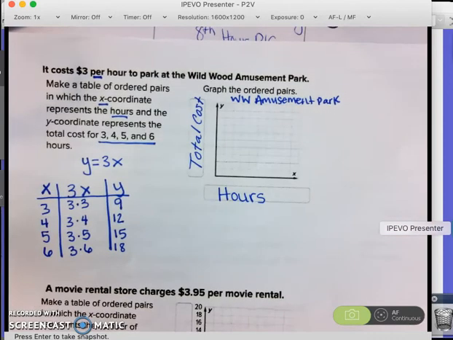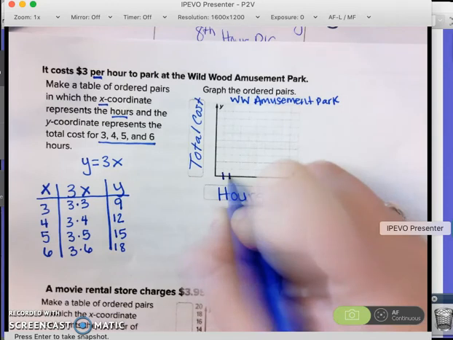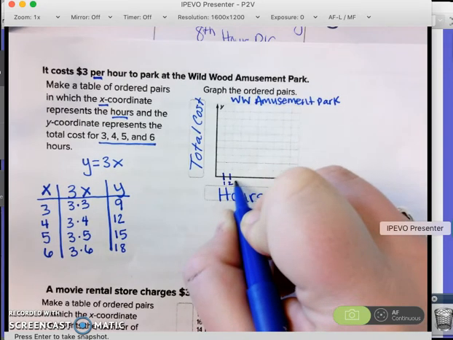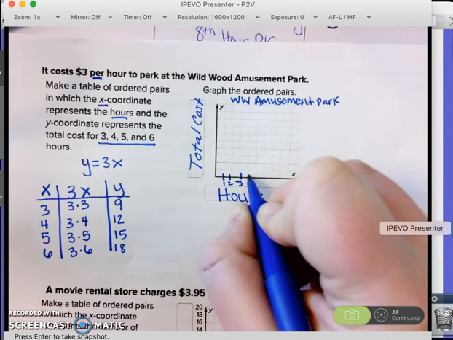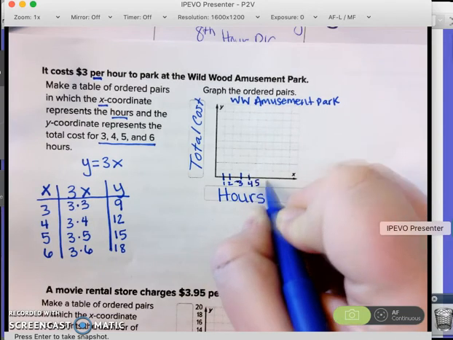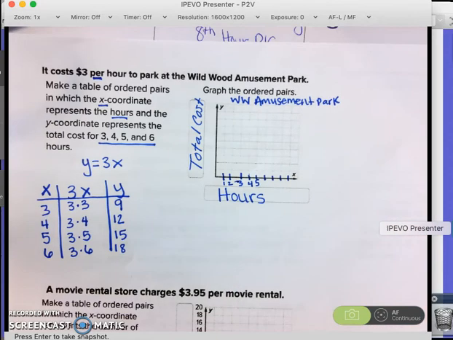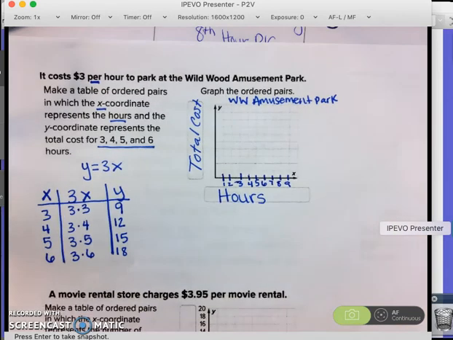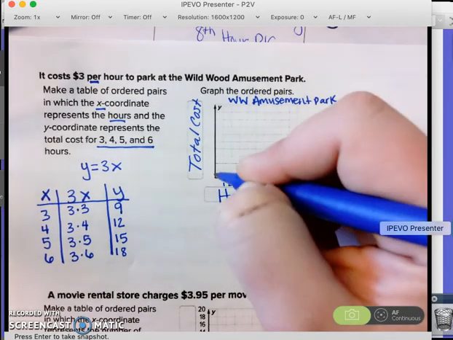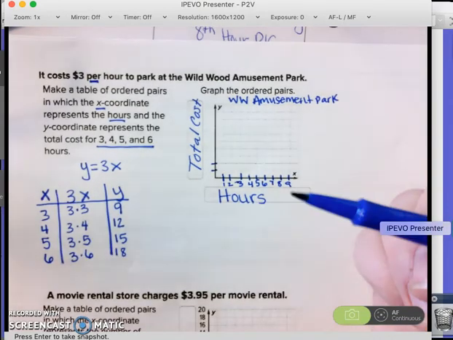It doesn't give me any labels for my x and y axis, so I want to label like hours. I'll probably label by ones. So 1, 2, 3, 4, 6, 7, 8, 9.